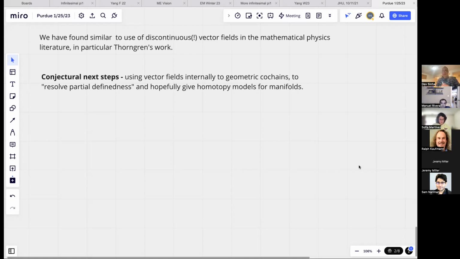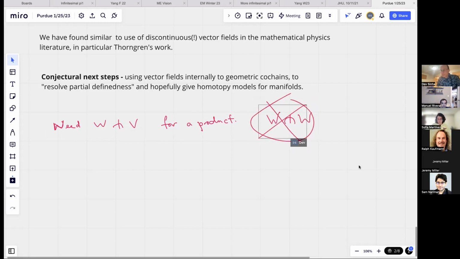But you can also use it just to resolve this fact that our product is only partially defined. In particular, let's recall we need W transverse to V for a product. This always fails for W with itself, right? So that's an issue.